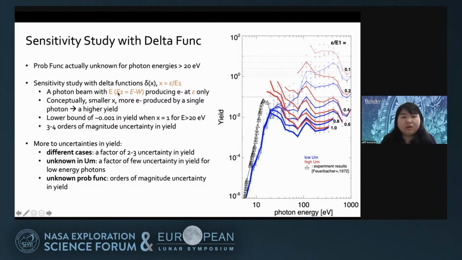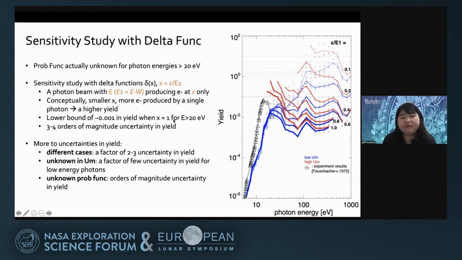to test how much things can change with different probability functions. Conceptually, to understand the delta function, say you have a photon with 20 eV. It can produce many 1 eV electrons versus a couple of 10 eV electrons. So naturally, when the ratio of electron energy to photon energy is smaller, you expect a higher yield. That's what you see here. These are different levels of this ratio.